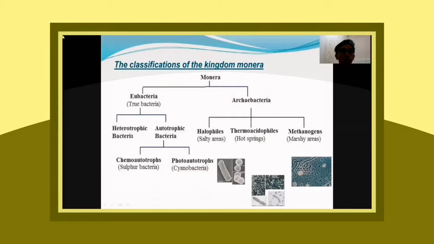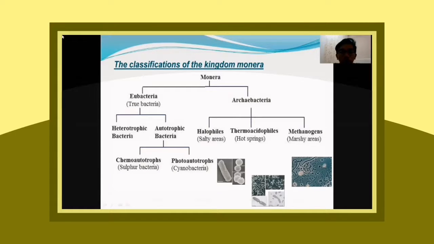Today, I will continue from my friend Daniyal's presentation about kingdom bacteria. I would like to present about the classification of kingdom Monera. Kingdom Monera has 2 groups of bacteria, which are Archaebacteria and Eubacteria. Archaebacteria have 3 types: Halophiles in salt areas, Thermoacidophiles in hot springs, and Methanogens in marsh areas.